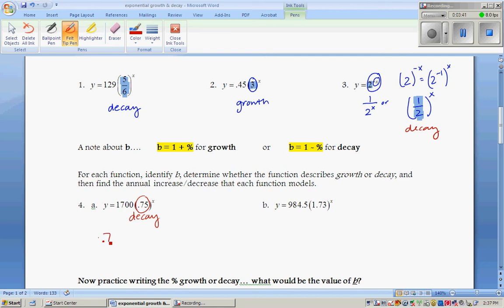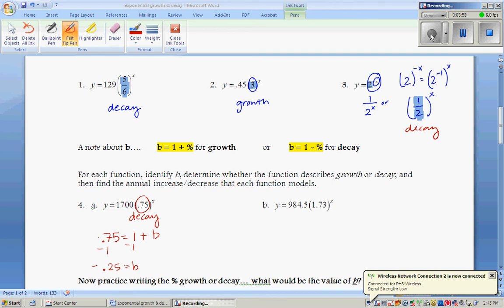You'd write 0.75 equals 1 plus b. And so if I subtract 1 from both sides, I'm going to get negative 0.25 equals b. So you can see that b is negative 0.25, which means it's decay. And you just turn that into a percent, 25% decrease.